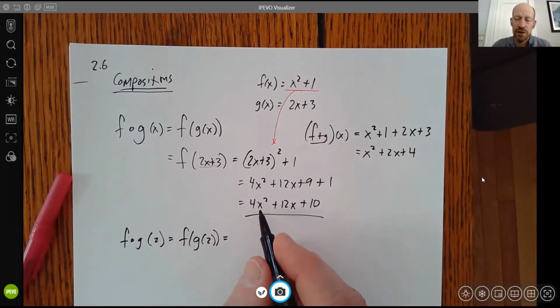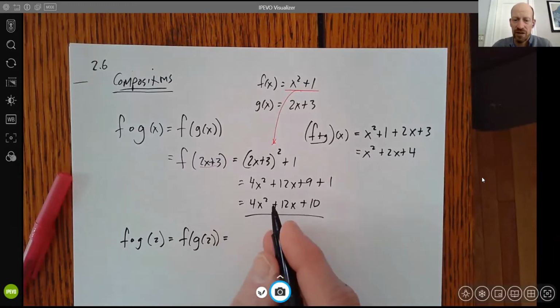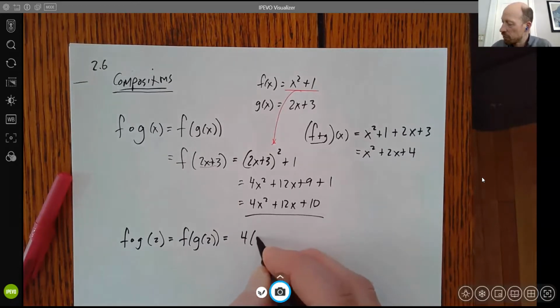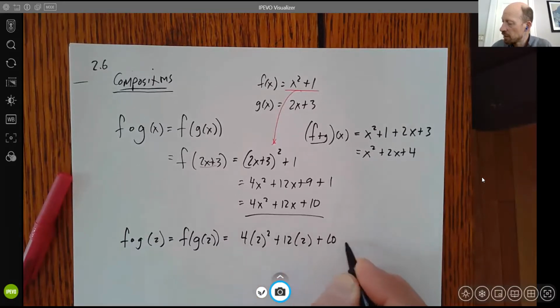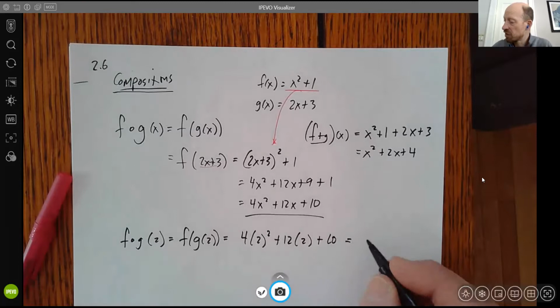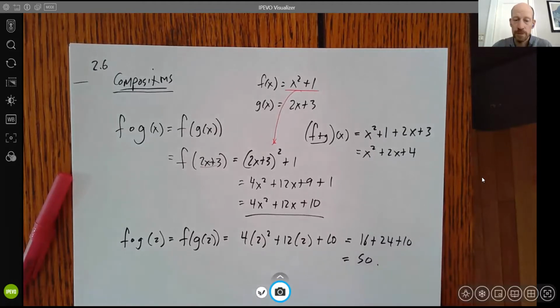So one option, if you've already done the formula, is to put 2 into this formula, because that's what f of g is. And that's going to be 4 times 2 squared plus 12 times 2 plus 10, 16 plus 24 plus 10 equals 50.